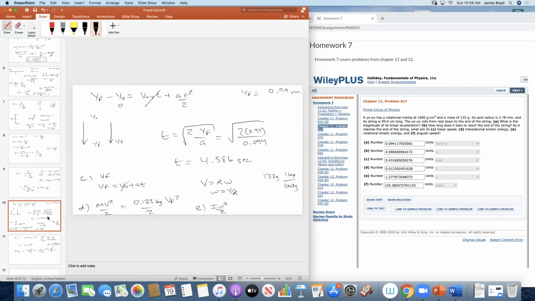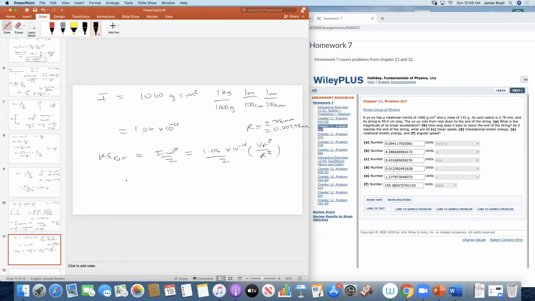0.094 times 4.5866, so 0.43. Again, there's some issues there with rounding. For D then, what I would get is 1.06 times 10 to the minus 4 over 2 times V final, 0.4317 as they give it, over 0.00278 and square this.